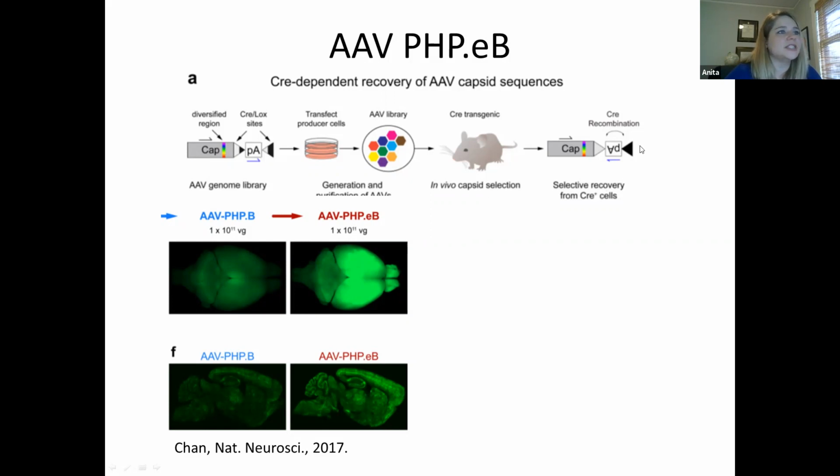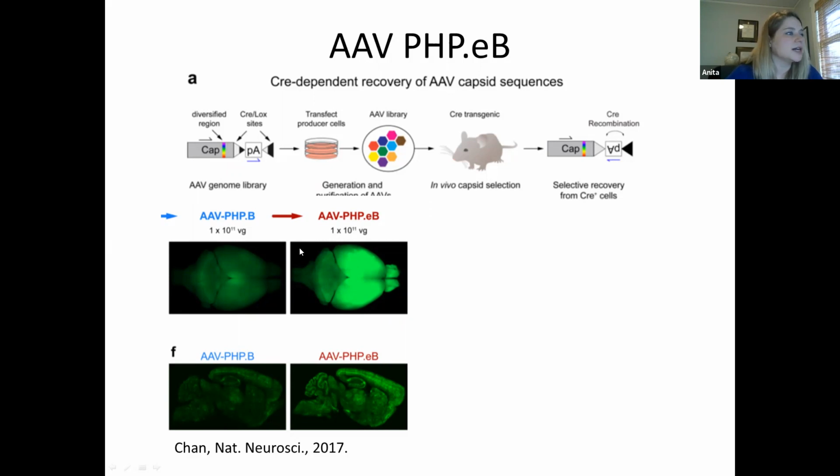They had different Cre lines, and in this case, they specifically chose CaMKII-Cre as well as GFAP-Cre and maybe GAD-Cre, I forget. So they wanted to check for excitatory and inhibitory neurons as well as glia to see if they could get expression. In this case, PHP.eB.